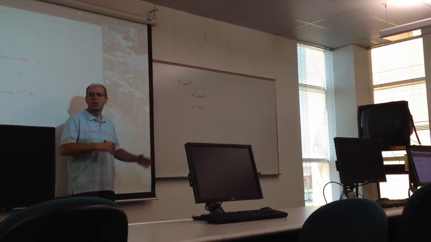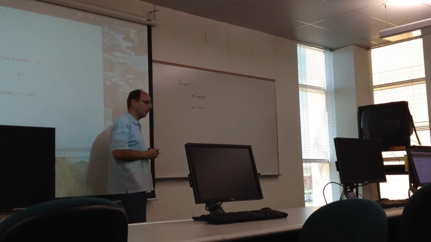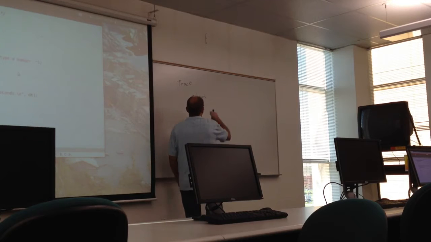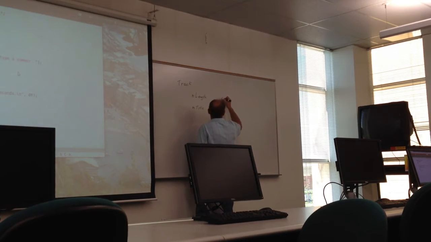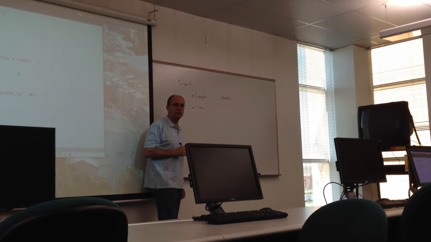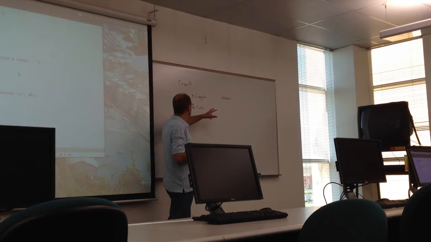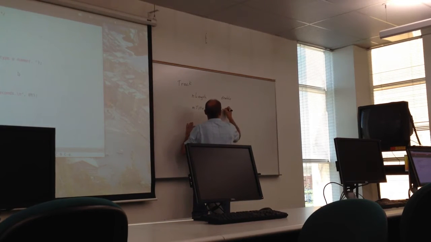Okay? That's all I'm gonna create in my class. It'll be fairly simple. mLength I'm going to actually represent as double precision because we'll allow it to represent fractional parts of a second. And it'll be in seconds but in fractions. And this will be a C string. Okay?